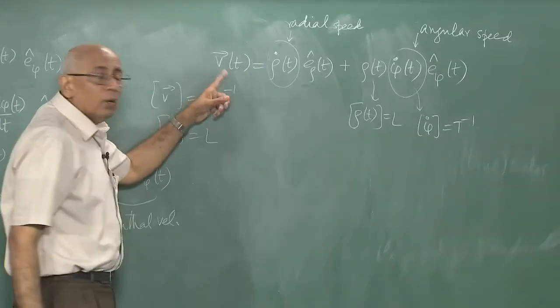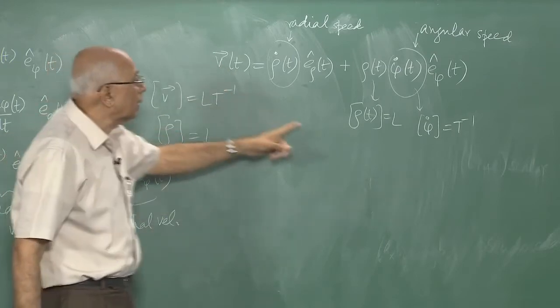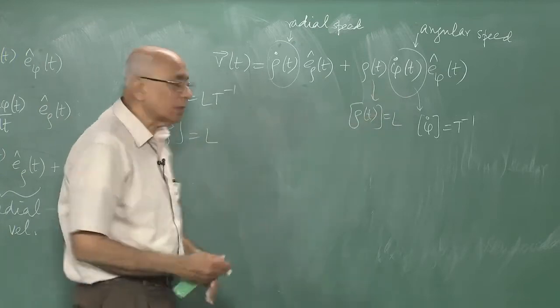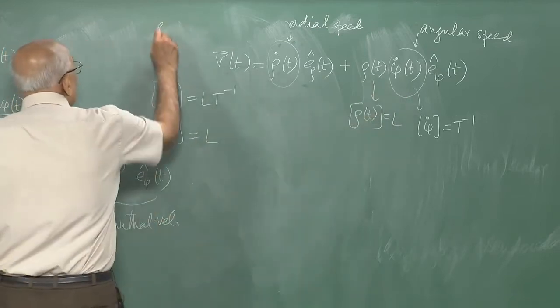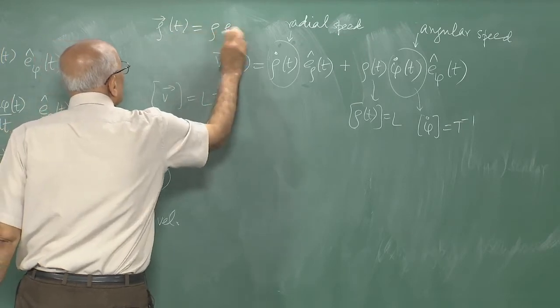The velocity now has been decomposed into a radial part and an azimuthal part in this fashion, starting with the fact that the position itself had only a radial part.